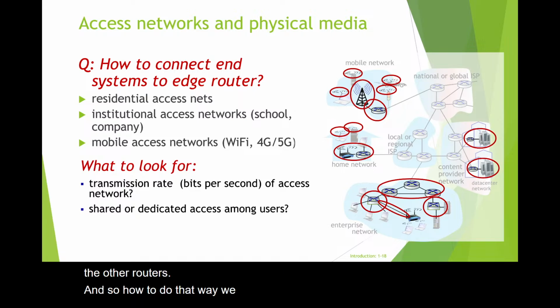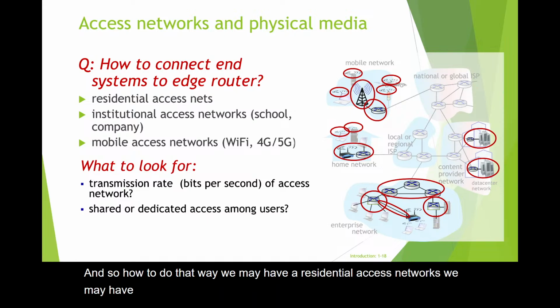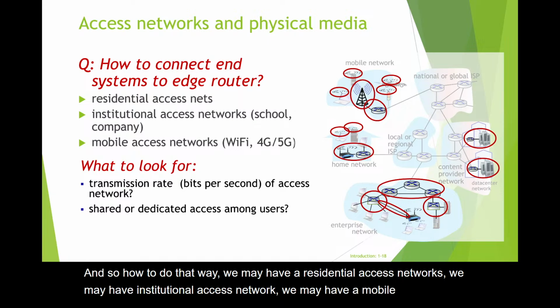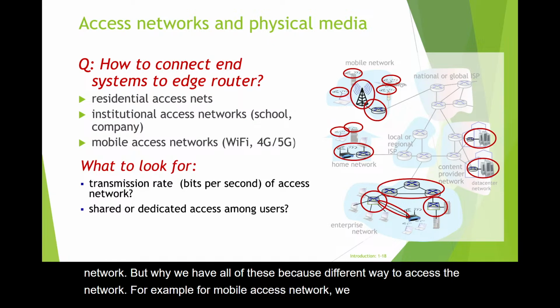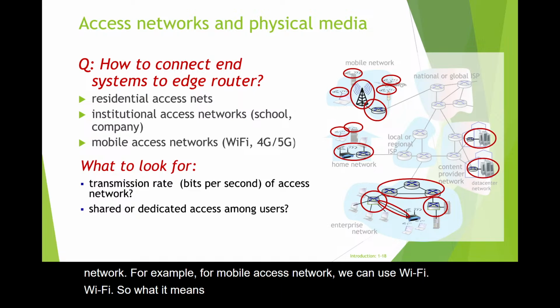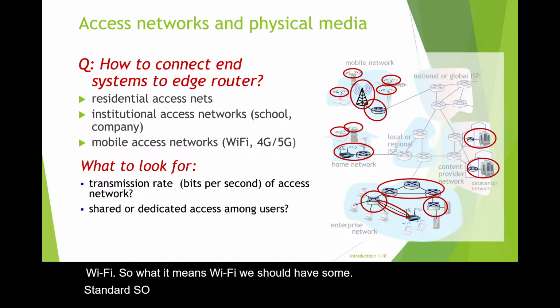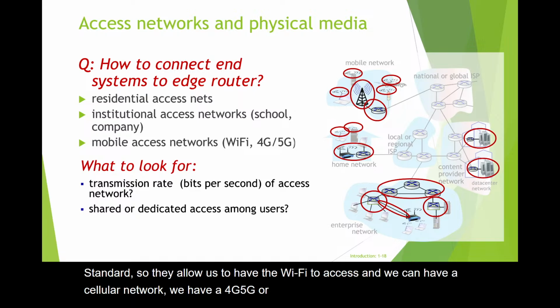We may have residential access networks, institutional access networks, and mobile access networks. Why do we have all of these? Because there are different ways to access the network. For example, for mobile access networks we can use Wi-Fi, for which we should have some standard that allows us to access it. We can have a cellular network, 4G, 5G, or even 6G in the future.